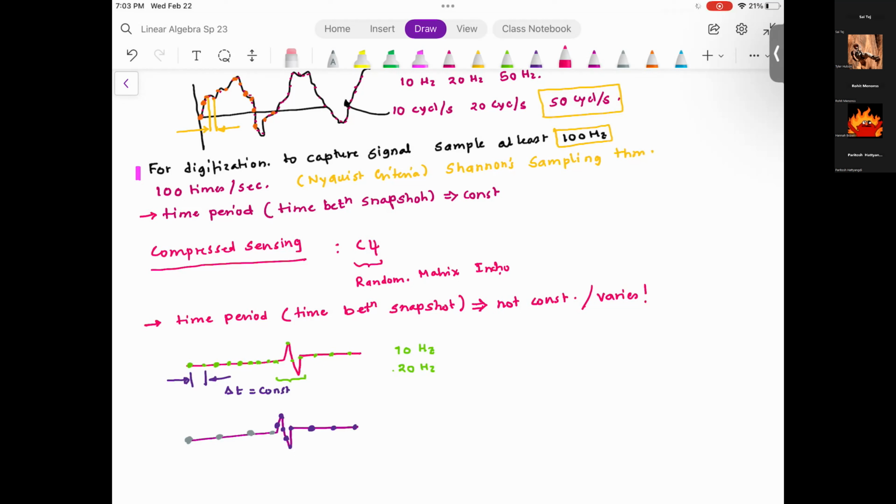But when you are doing compressed sensing, because of this product, C times psi, which is incoherent, you are going to have this as delta T1, this as delta T2, and as soon as you are trying to capture some important features of the data, automatically and mathematically, this sampling will be reduced, so delta T3.